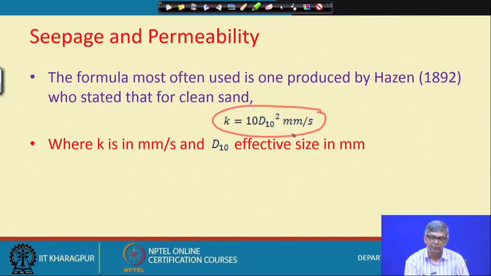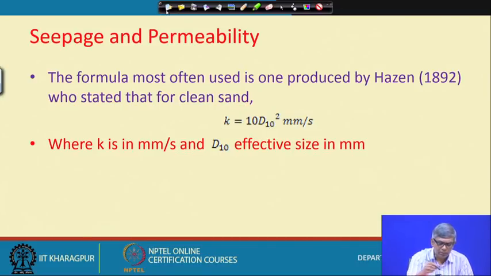Since it is an empirical equation, everything depends on what units we are using. Here k is expressed in millimeter per second and d10 also in millimeter. So, if I put the size in millimeter in this equation, we will get the permeability of soil in millimeter per second.